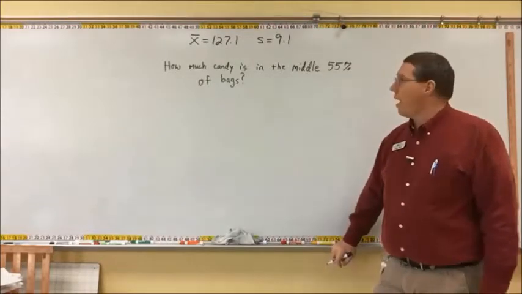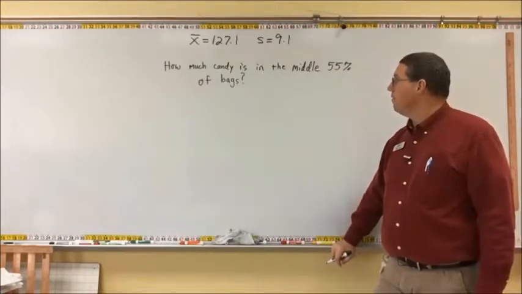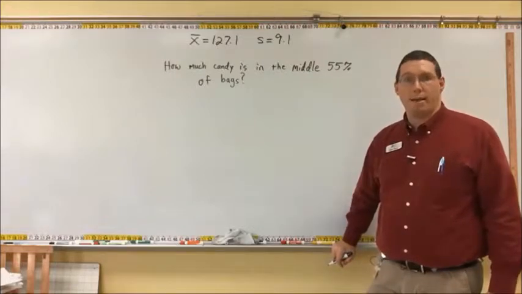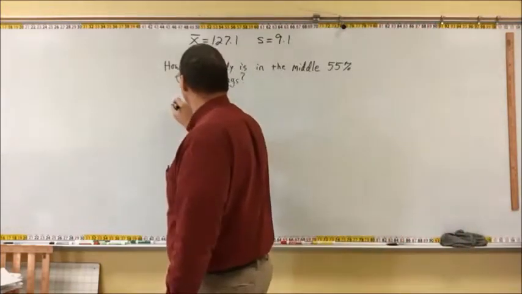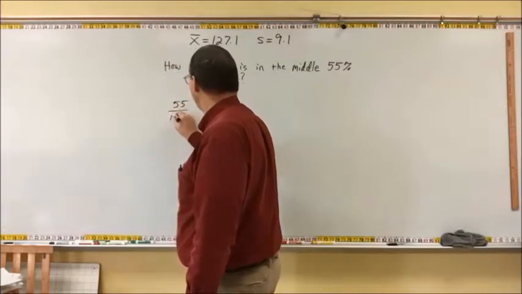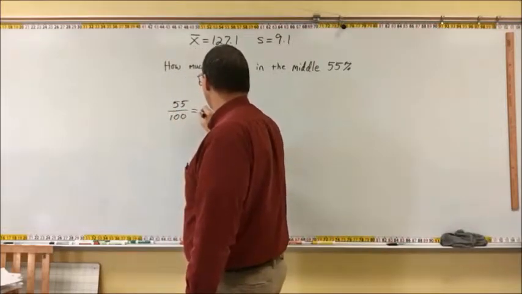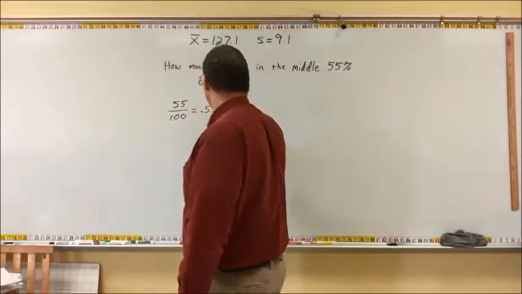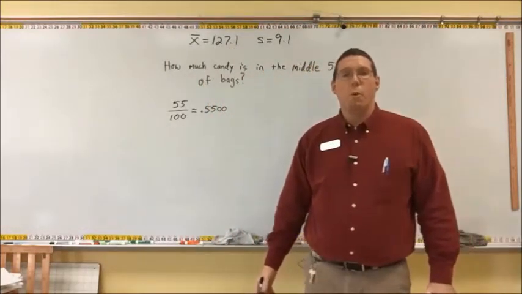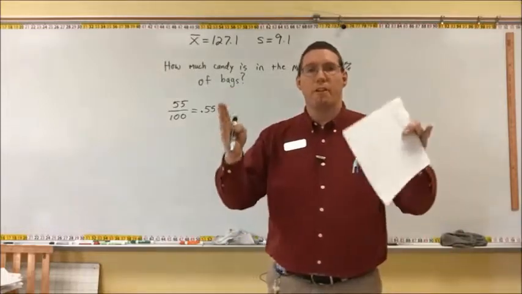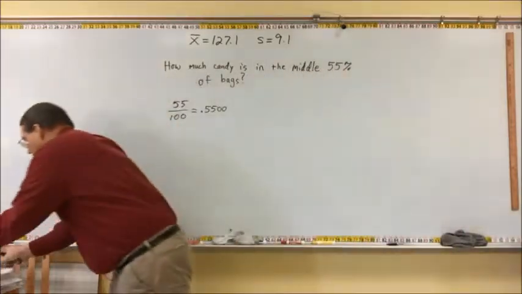All right, this question says, how much candy is in the middle 55% of bags? So we want to first turn our 55% into a decimal. So we're going to do 55 divided by 100. That gives us 0.5500. Now remember, with a middle percentage, we want to find two cutoff scores, right?